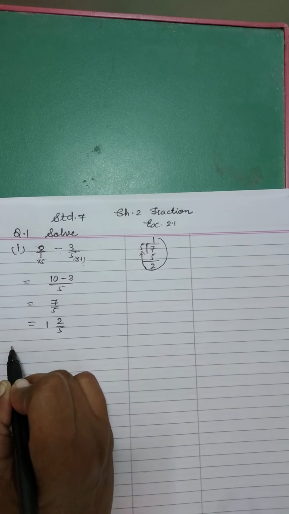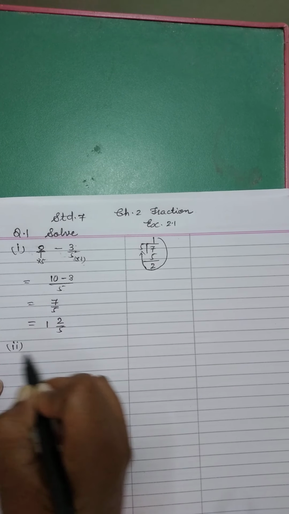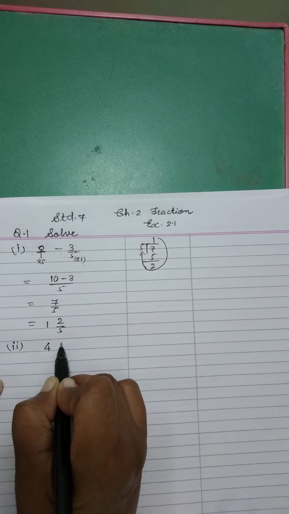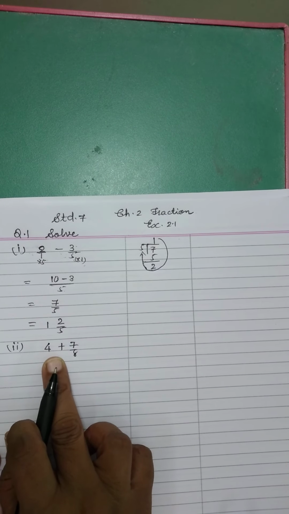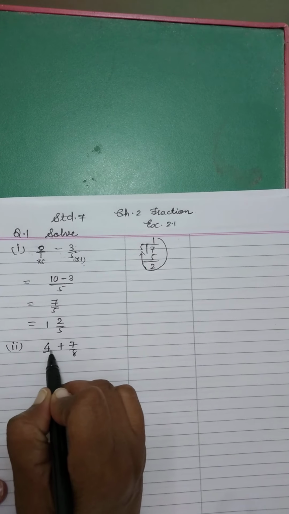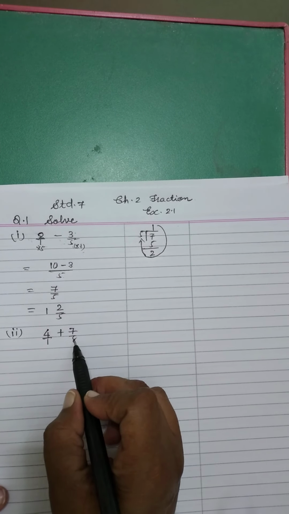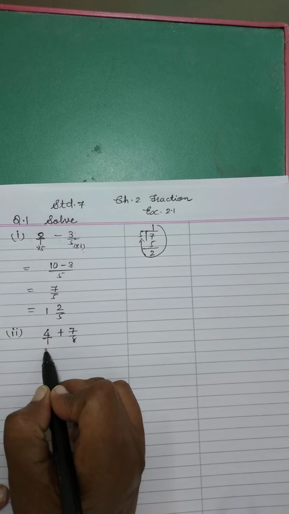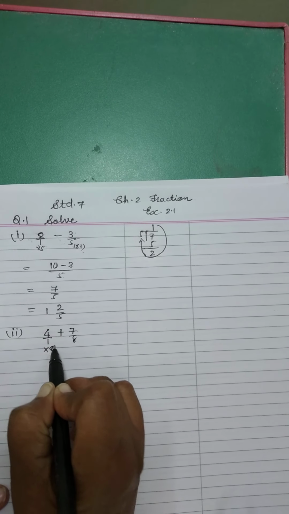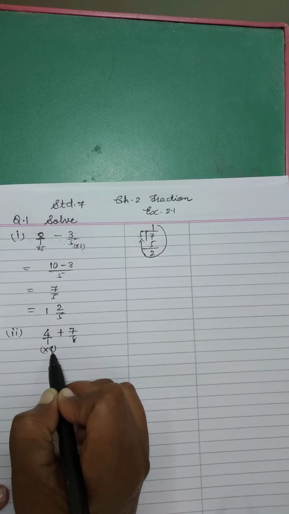Now coming to the next part, second, 4 plus 7 upon 8. Here also the denominator is not given, so write 1. Now what will be the LCM? 8 and 1 are given, so 8 is the LCM, right? So I will multiply the numerator and denominator by 8.